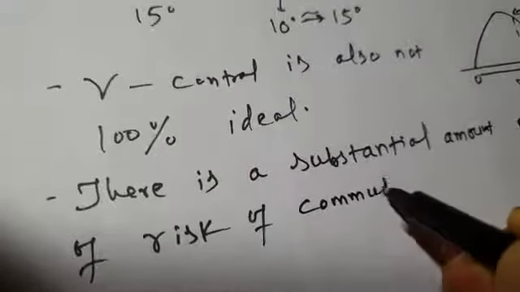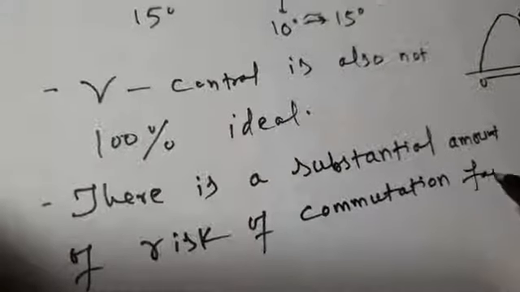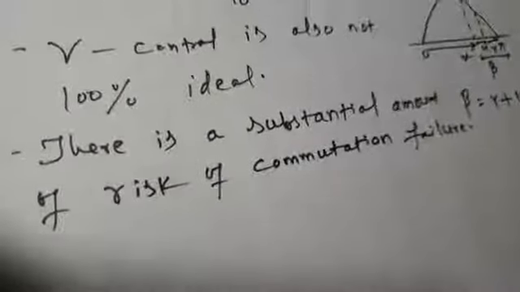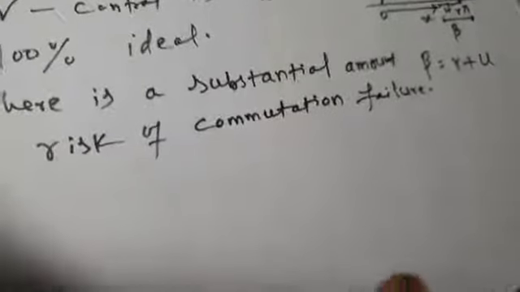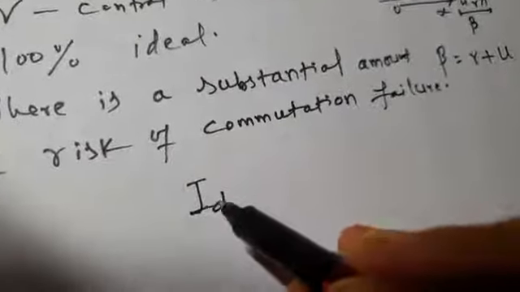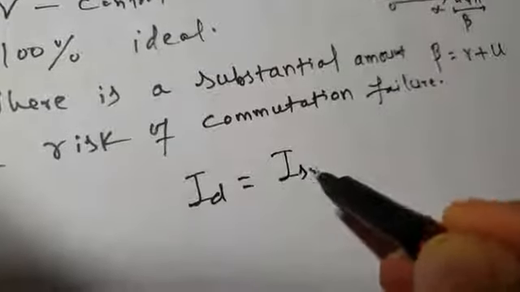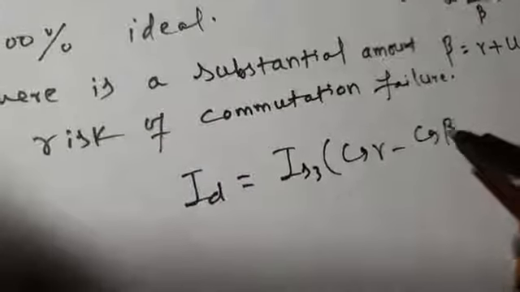Even with gamma control, there is still a substantial amount of risk of commutation failure. Now, the question is, what are the factors which are responsible for occurrence of commutation failure even under gamma control? Our load current or DC line current ID, which is the same as the valve current, is given by IS3 times cos gamma minus cos beta.